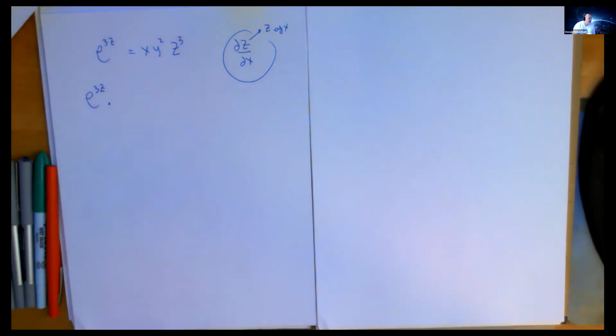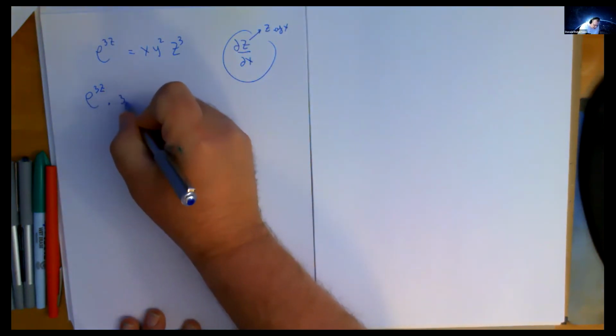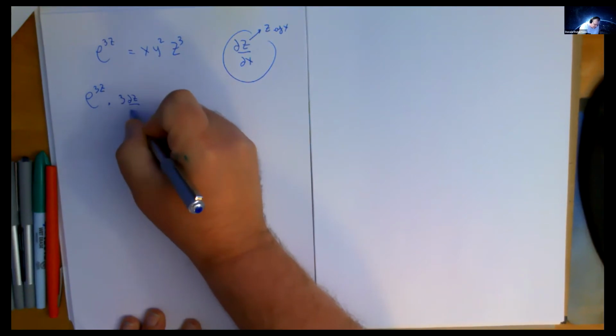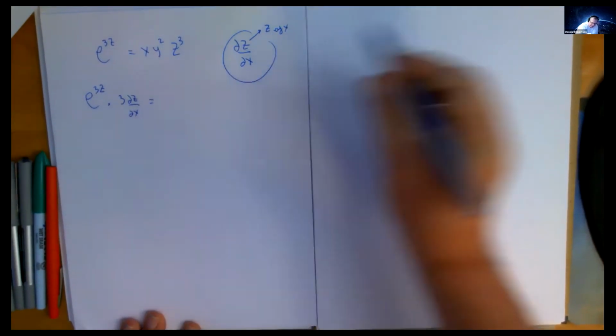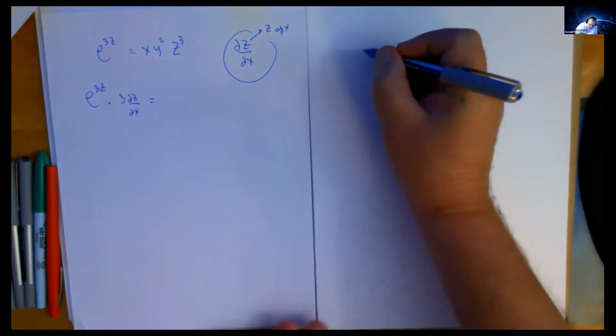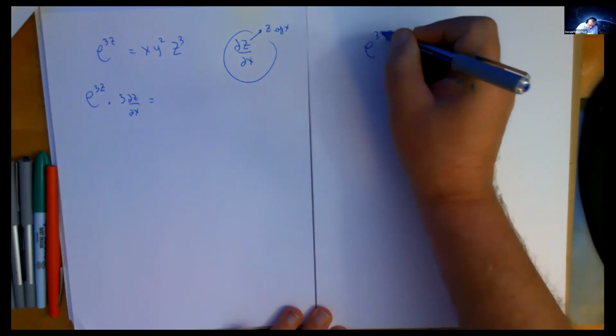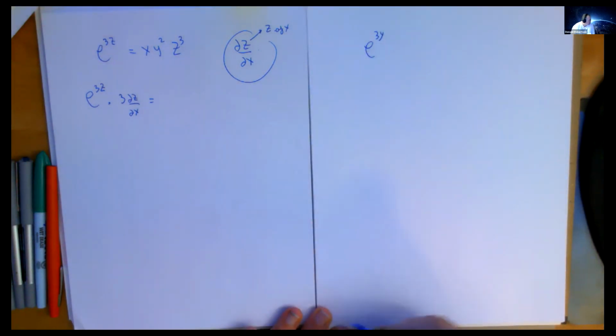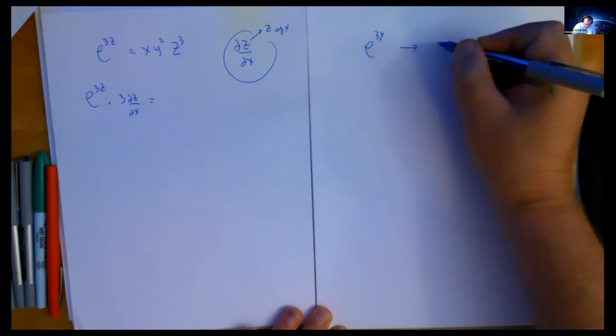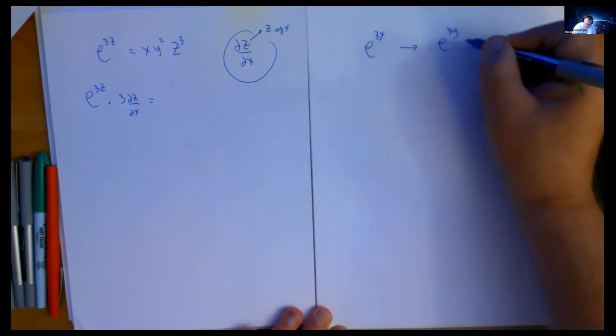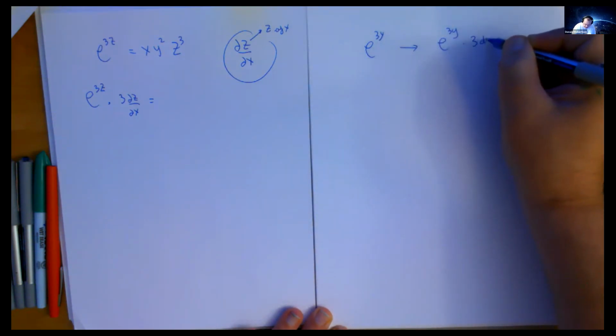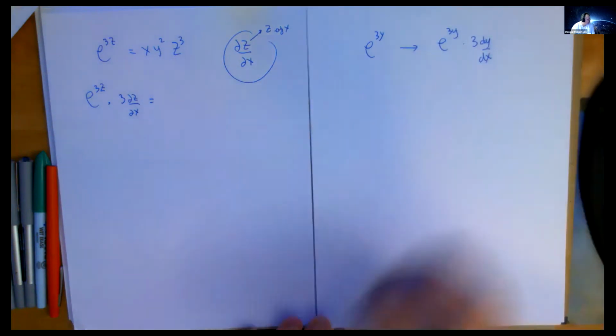But then don't you have to differentiate 3z with respect to x? That will get you 3 dz/dx. Can you imagine doing e to the 3y in Calc 1? If you differentiated e to the 3y, wouldn't you get e to the 3y times 3 dy/dx? You see the equivalency.